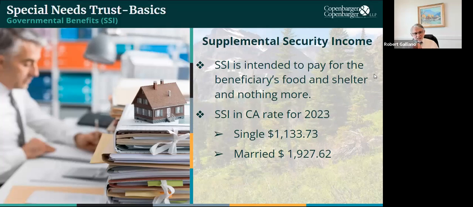The difference is that California provides an additional benefit for SSI recipients that increases the amount that a single person can have in California up to $1,133.73. And if married, $1,927.62. So California has an additional amount of money that it can pay to the SSI beneficiary that increases the benefit to these higher numbers.